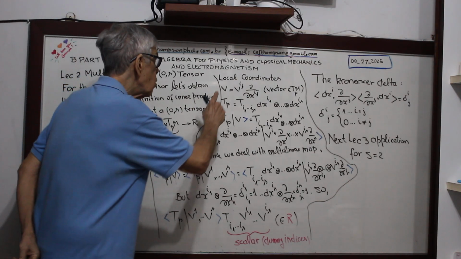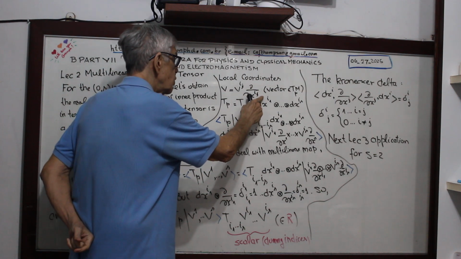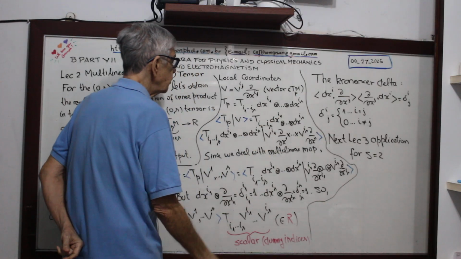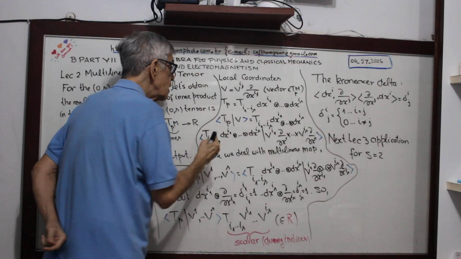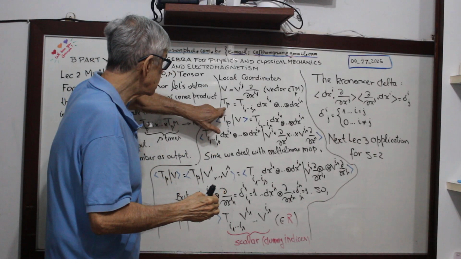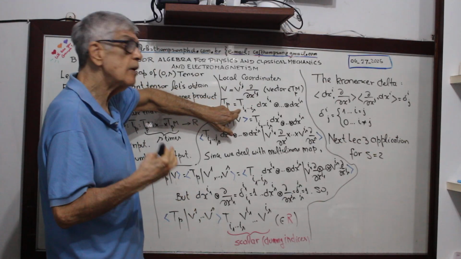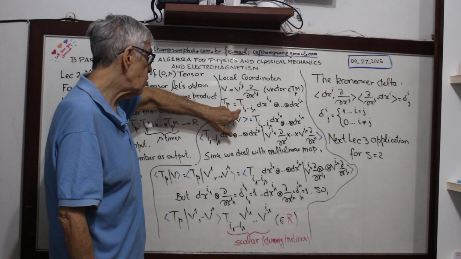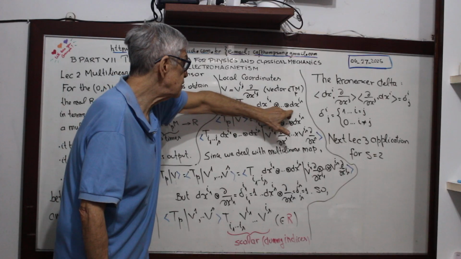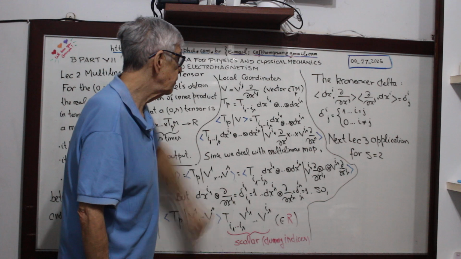Now, in local coordinates, v^i partial x_i is a vector that belongs to the tangent vector space. I can express the same invariant tensor in terms of the covariant components which belong to the cotangent space, and there's a basis which also belongs to the cotangent space.